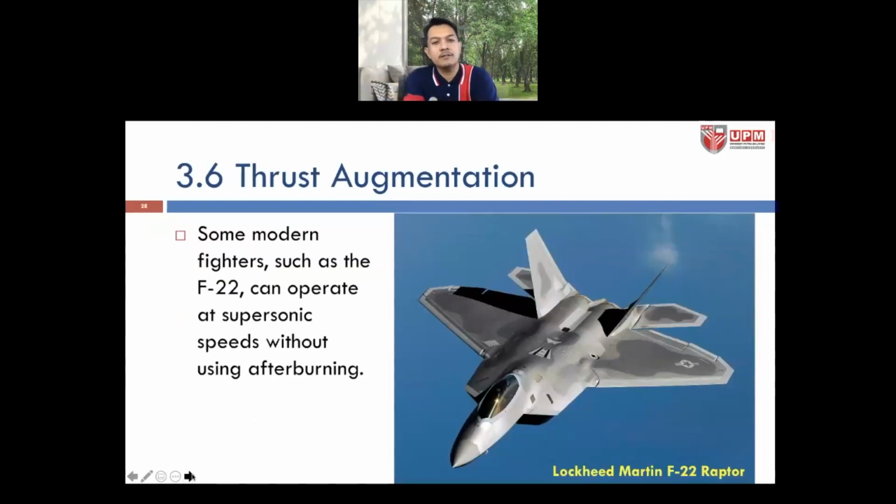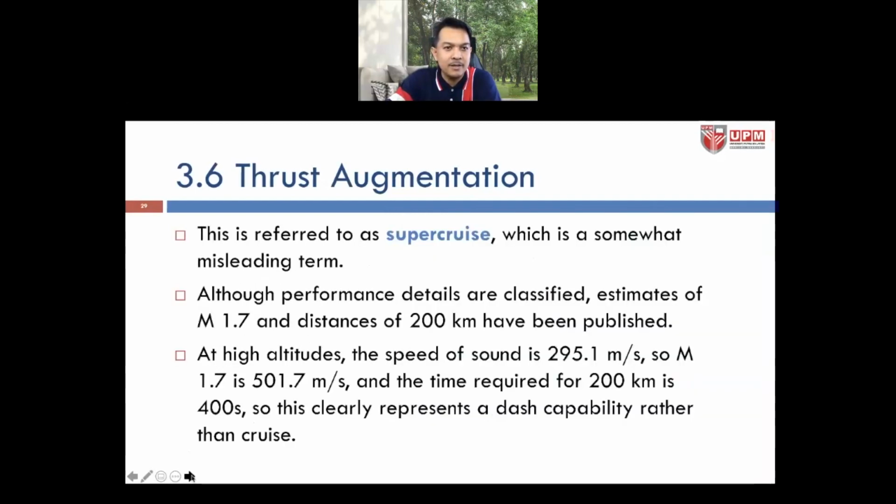Some modern fighters, such as the F-22, like in this particular picture, the Lockheed Martin F-22 Raptor, can operate at supersonic speeds without using afterburning engine. This is referred to as supercruise, which is somewhat of a misleading term. Although performance details are classified, estimates of Mach 1.7 for the F-22 and distances of 200 km have been published.